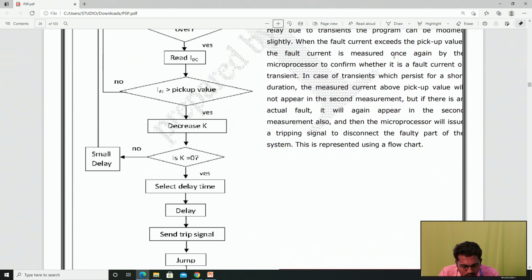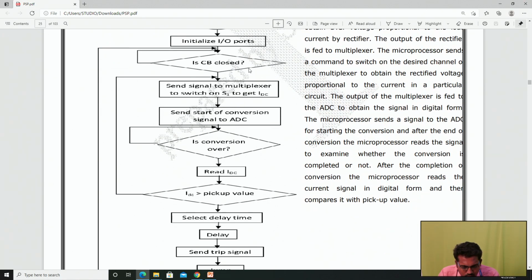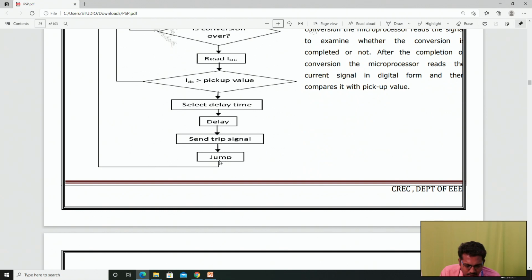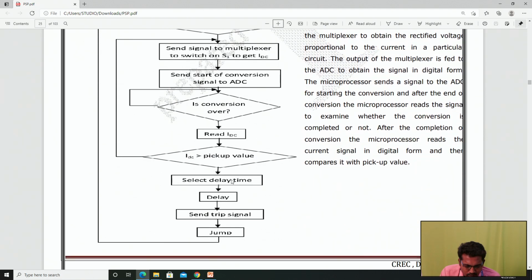This is the flow chart that shows how it is operated. Start, initialize input output port, check whether the CB, the circuit breaker, is closed, and send the signal to the multiplexer. We get the signal, the analog to digital conversion is over, and it picks the value, compares it, selects the time delay and sends the trip. If anything is processed, it jumps to the next level and goes on again, repeatedly.